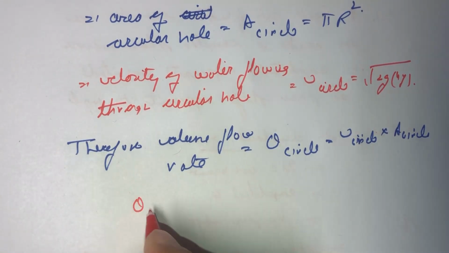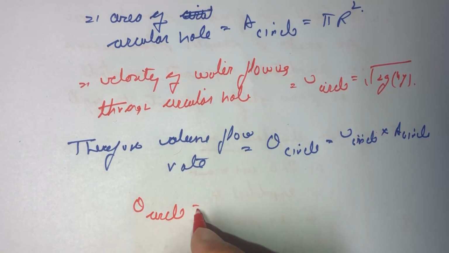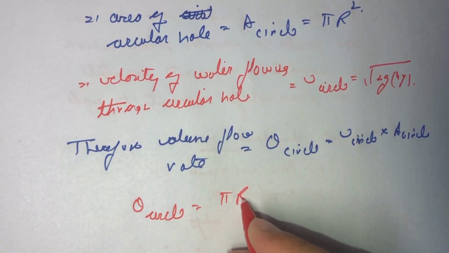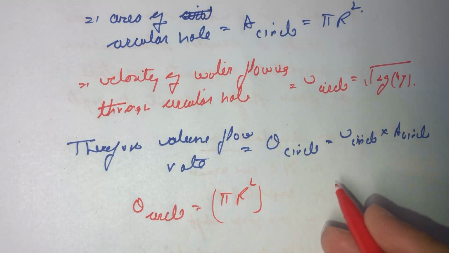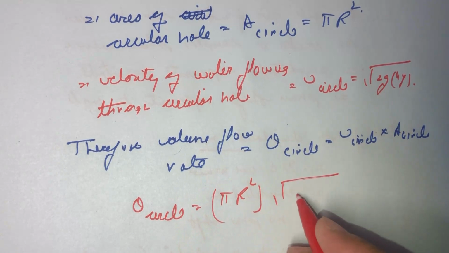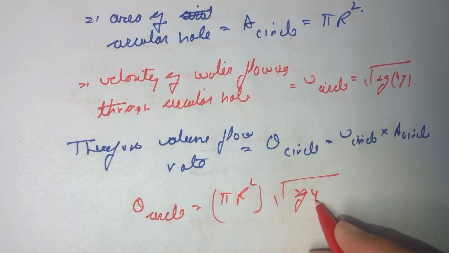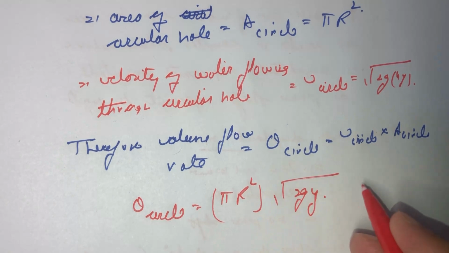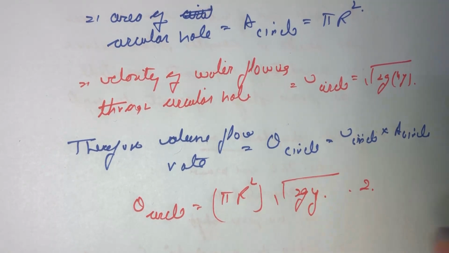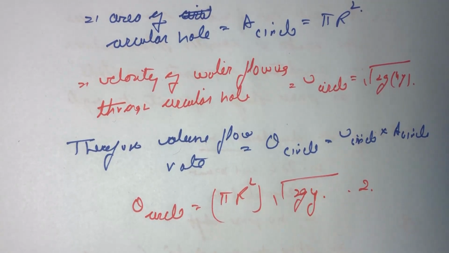So we get q circle equal to pi r square and square root of 2gy, and taking the 4 out of the square root it becomes 2, so 2 comes out of the square root.